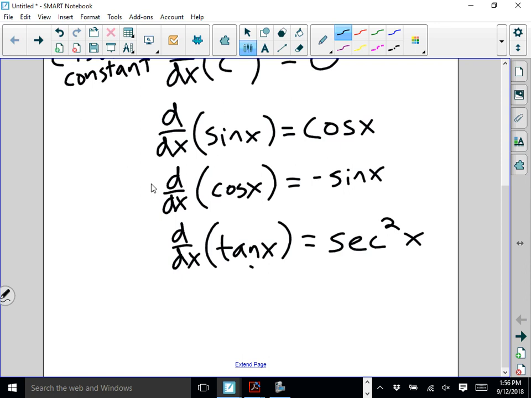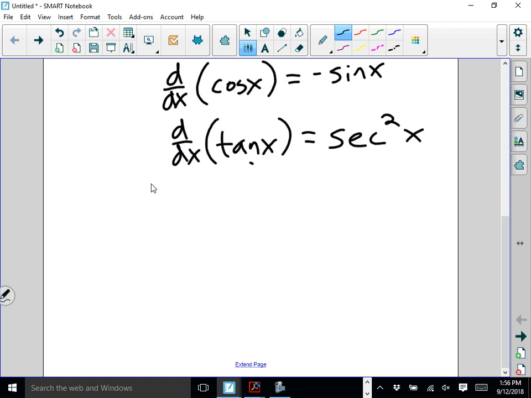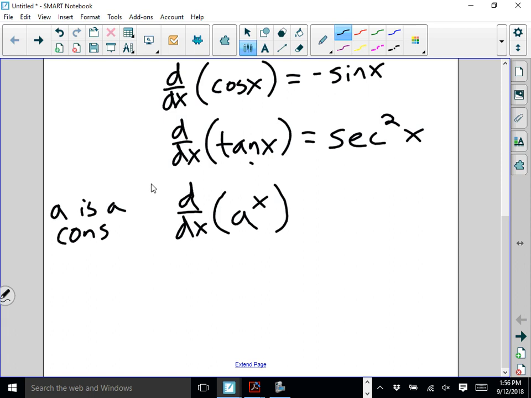Also, let's talk about exponentials. We're going to look at the derivative of a to the x. A, again, is going to be a constant. A here must also be greater than 0.